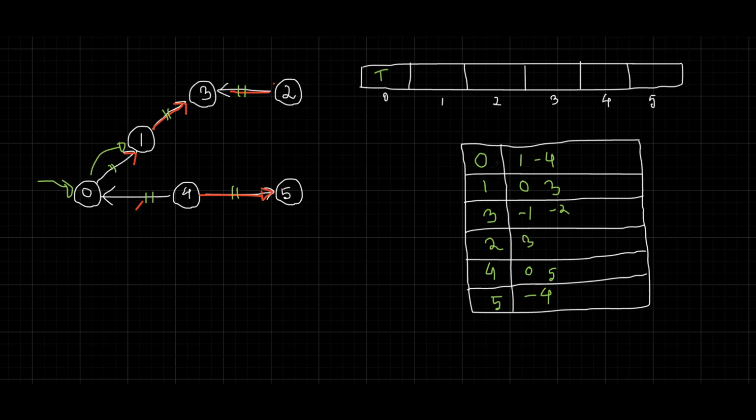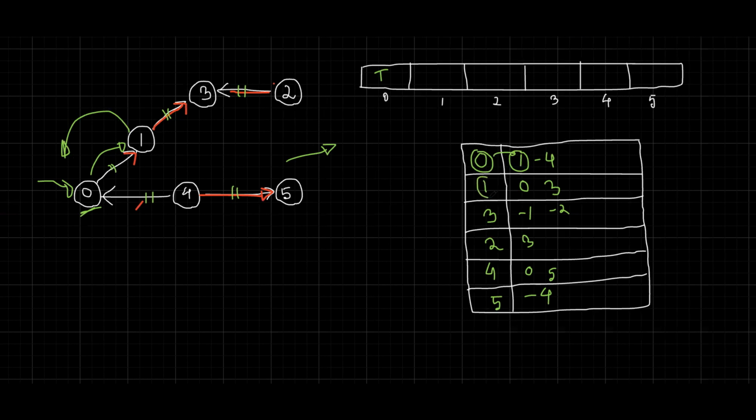So we have seen that for this 0, its child is 1 and it is positive. That means a positive child basically means there is an outgoing edge from the node 0. So we have to reverse this edge. So this connection should be altered.